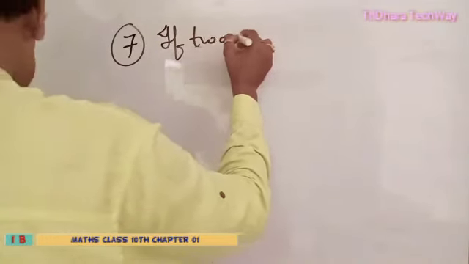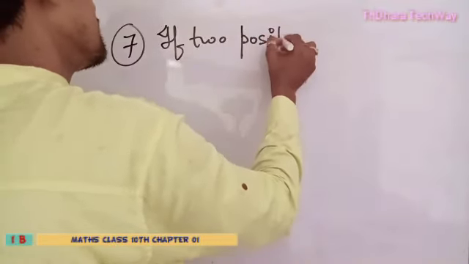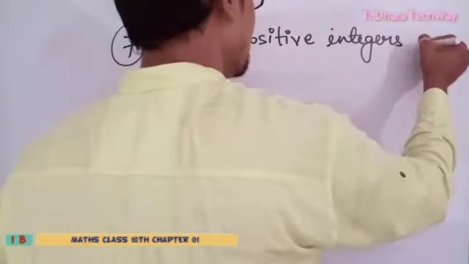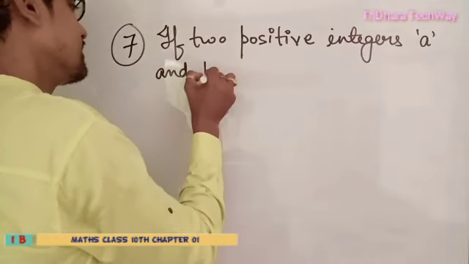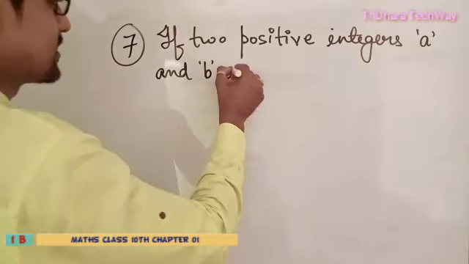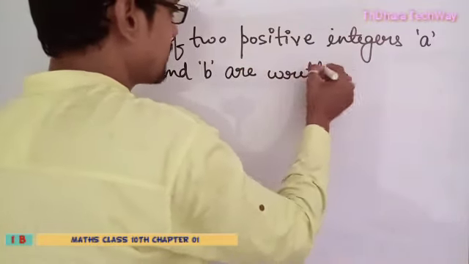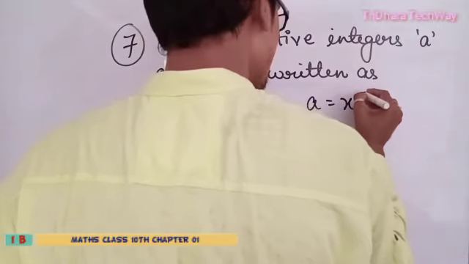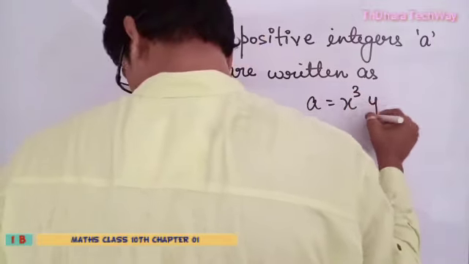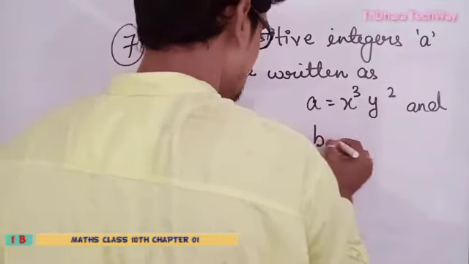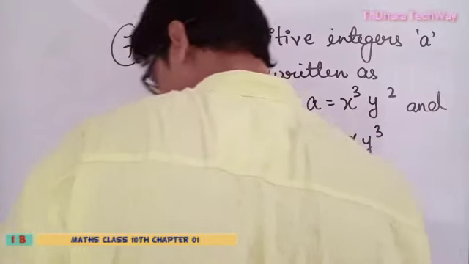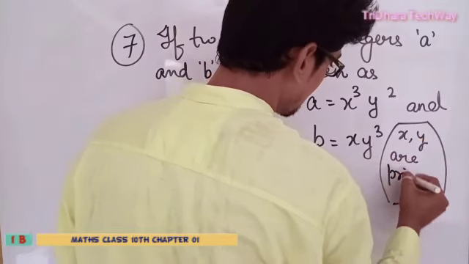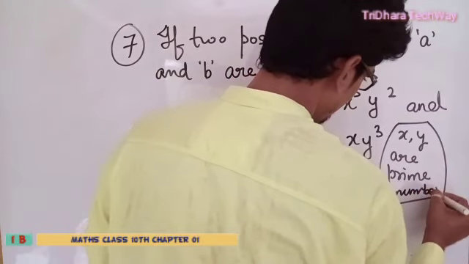If two positive integers a and b are written as a is equal to x cube y square, and b is equal to x y cube, where x and y are prime numbers. x, y are prime numbers.